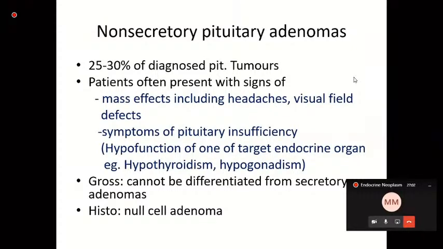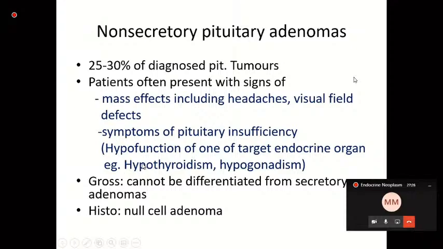Some of them secrete a little bit of hormone, but not enough to give the clinical manifestation of hypersecretion. So they grow until they become macroadenomas and cause pressure symptoms. What are the pressure symptoms? Headache, visual field defect, because when it grows, it compresses.